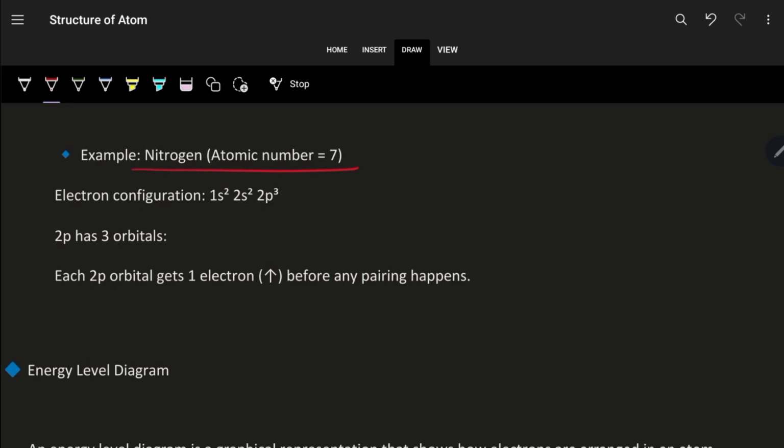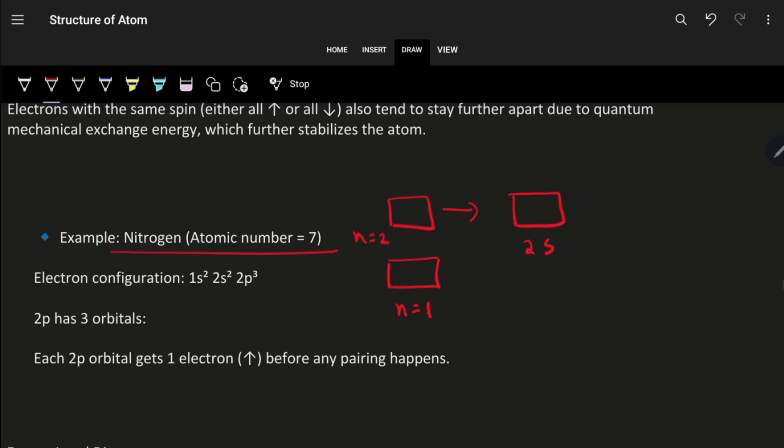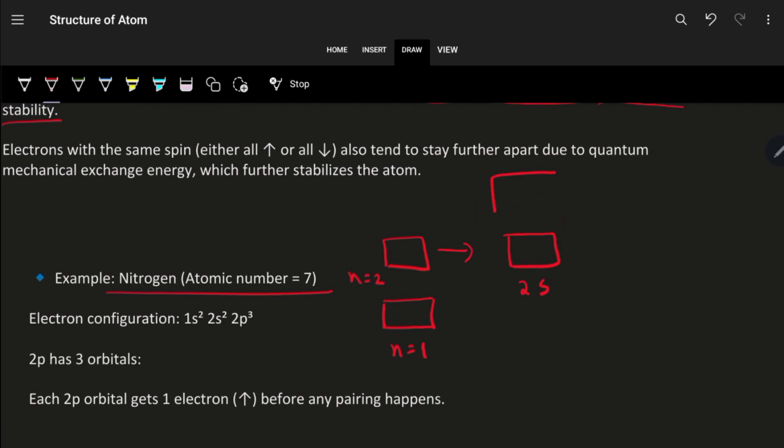So after n is equal to 1, then it is n is equal to 2. n is equal to 2 can have 2s and 2p, and n is equal to 1 can only have 1s.